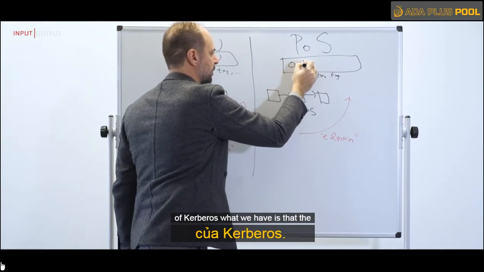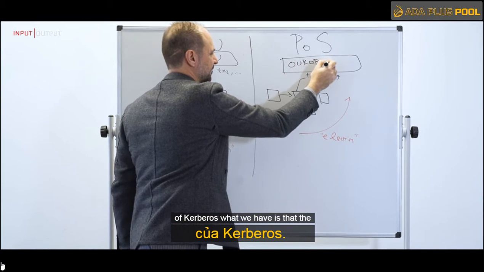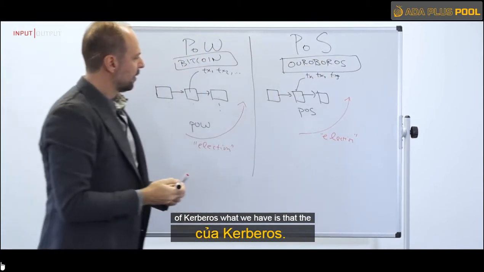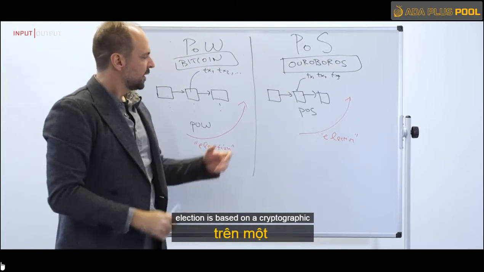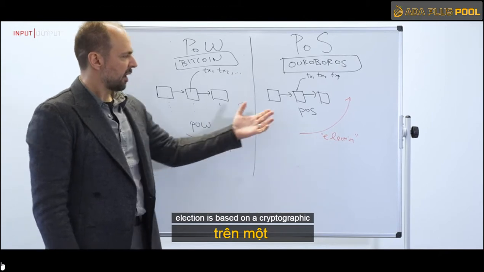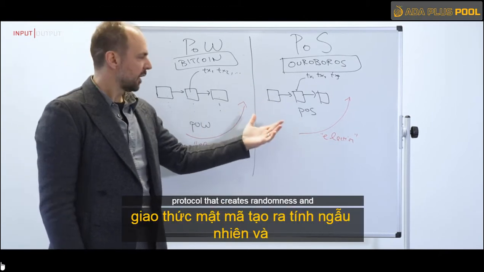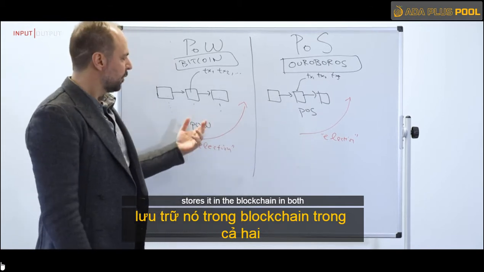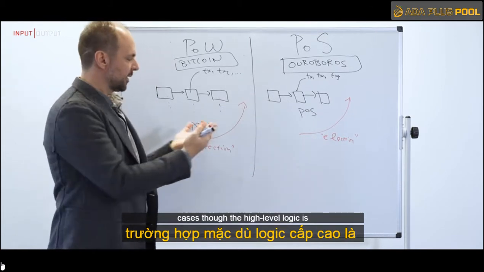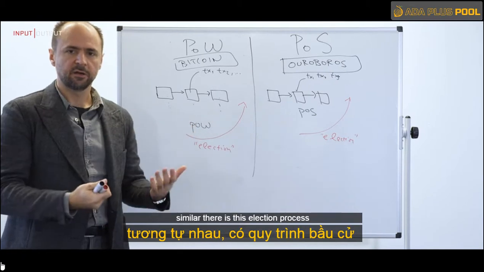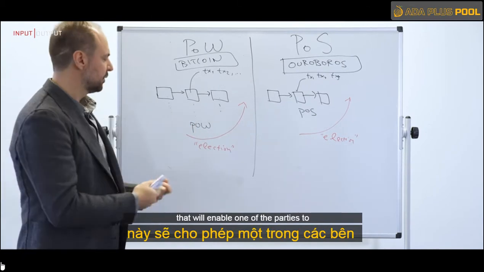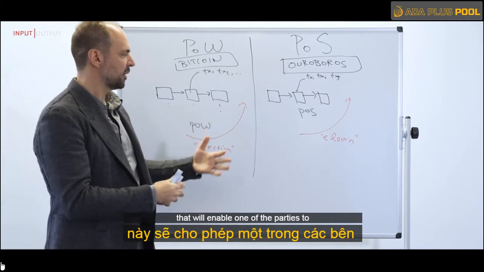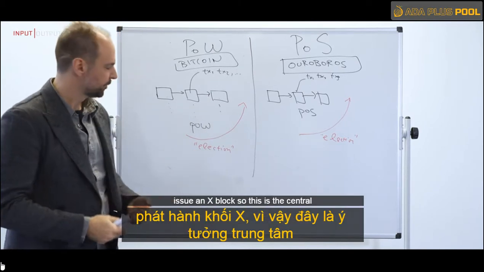In the case of Ouroboros, the election is based on a cryptographic protocol that creates randomness and stores it in the blockchain. In both cases, though, the high-level logic is similar. There's this election process that will enable one of the parties to issue a next block.